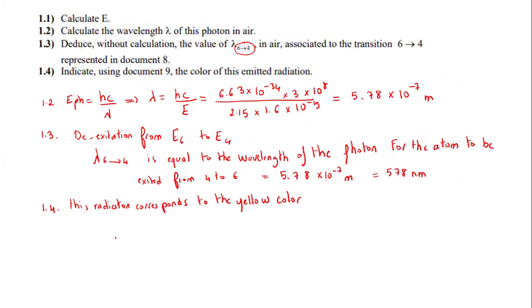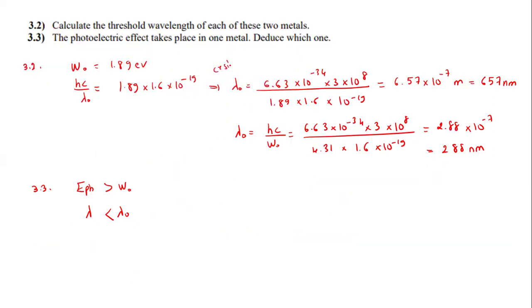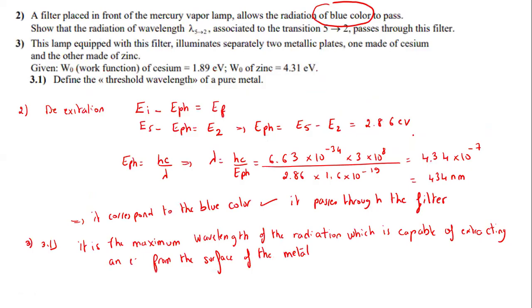Okay, so let's see here. This is for the cesium, and this is for the zinc. In order for the photoelectric effect to happen, we need lambda to be smaller than lambda 0. If we look at the numbers we already had here, we notice that the lambda we found, which is for the filter, is 434 nanometer.